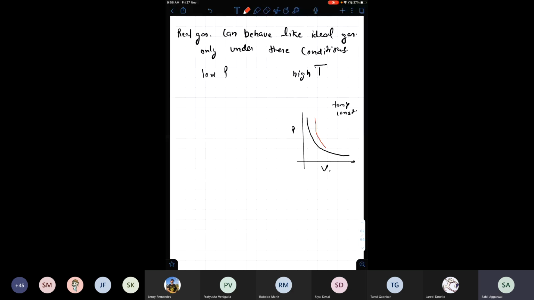So this is for real gas. This is for ideal gas. They are different, but under low pressure region they are similar.